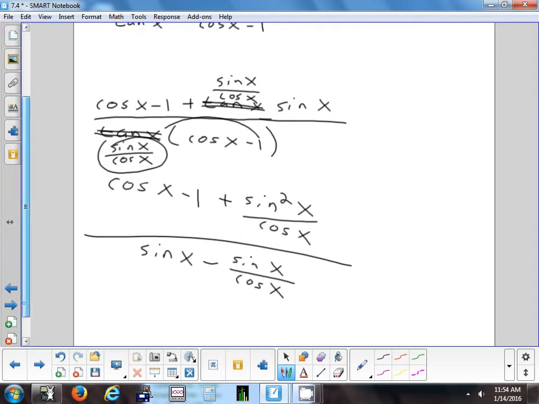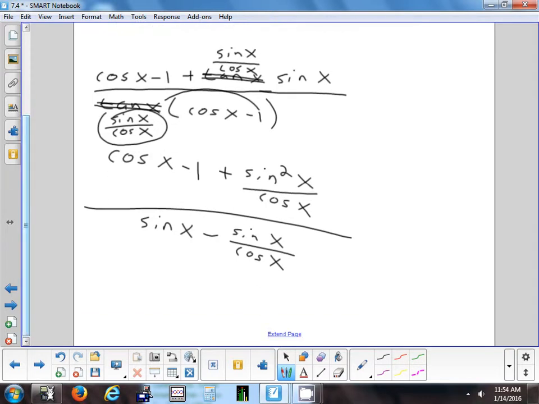Now, what I really don't like here is having this denominator and this denominator. If I could just have a fraction, that would be easier than having a fraction, and then within that fraction another fraction and another fraction. So what I want to do is get rid of this denominator. What could I multiply the top by so that if I distribute it out, this denominator would cancel?